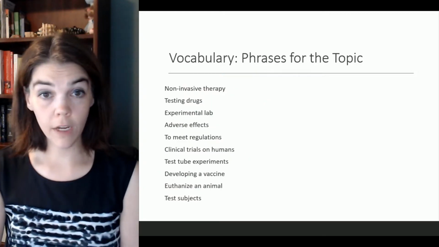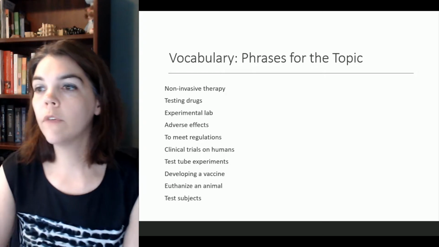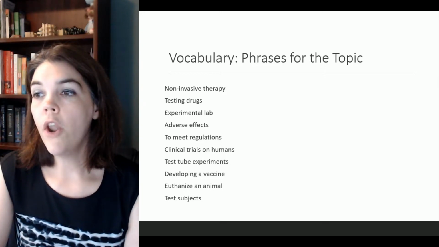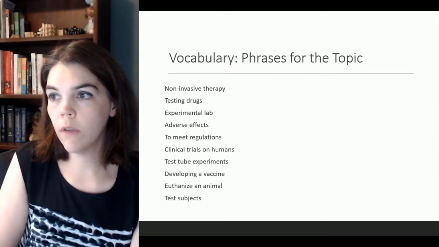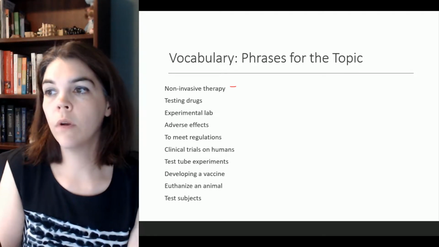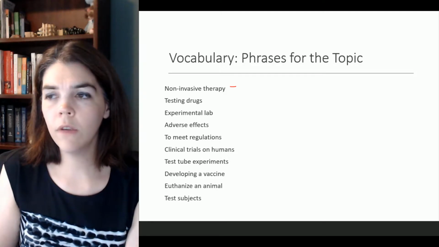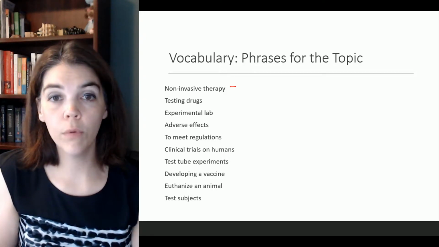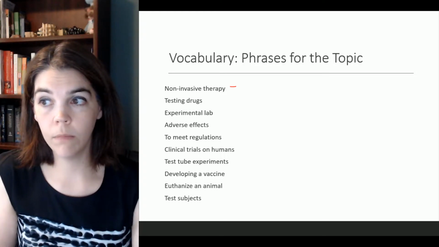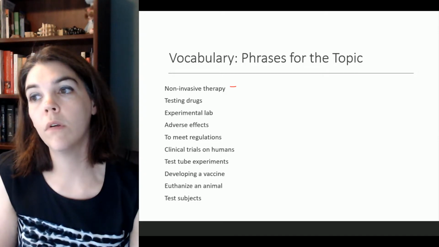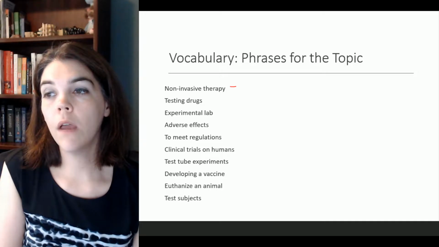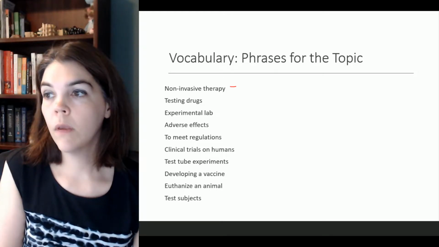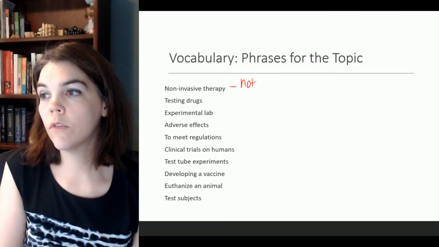All right, and the second batch of vocabulary that I thought was useful. So non-invasive therapy. This is a way to treat a disease or improve a person's life expectancy or their health. A therapy, that's what a therapy is. Non-invasive means not surgical.